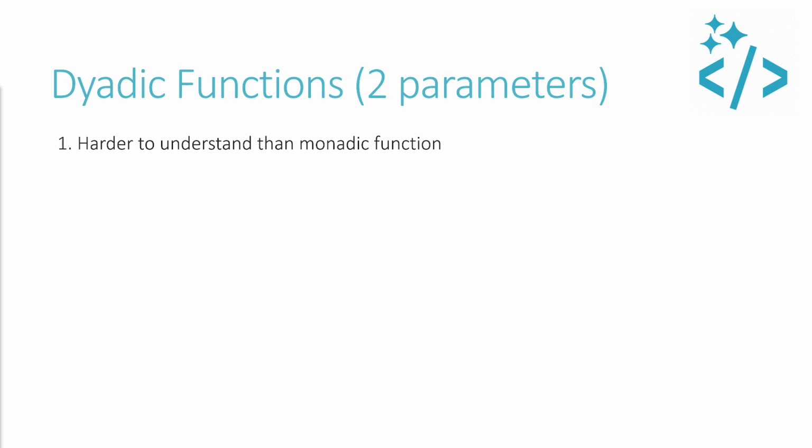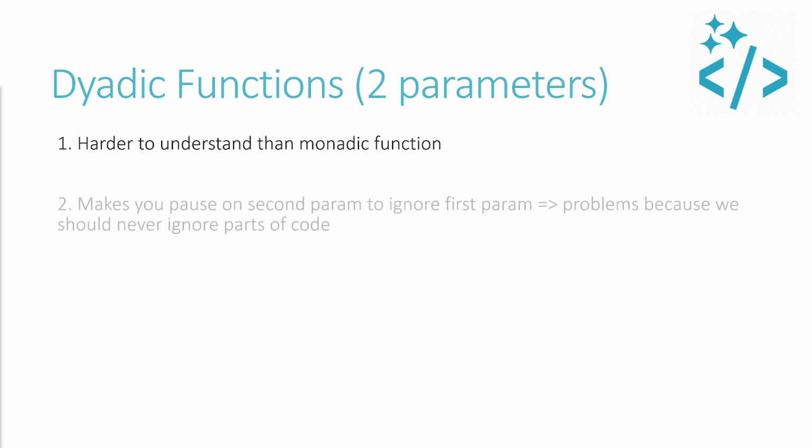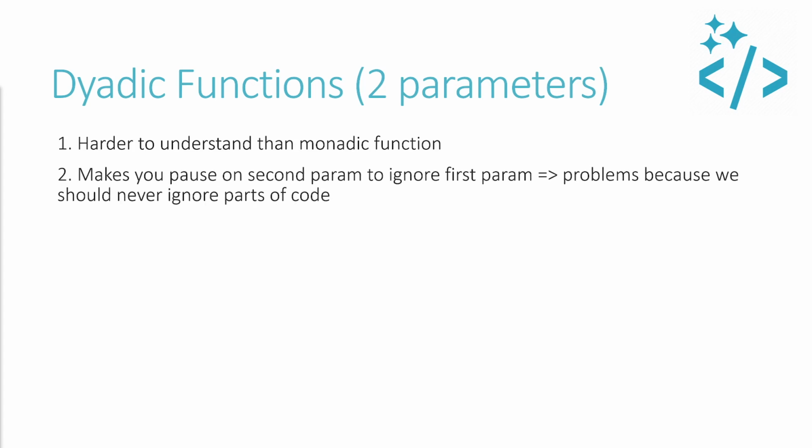They are harder to understand than a monadic function because if you have the second parameter, this makes you pause on the second parameter to ignore the first parameter, and this can cause problems because ignoring a part of the code can make it harder to understand the method. One perfectly valid dyadic function is something like this, where you have a point with the x and y axis. This is a perfectly valid example of a dyadic function.